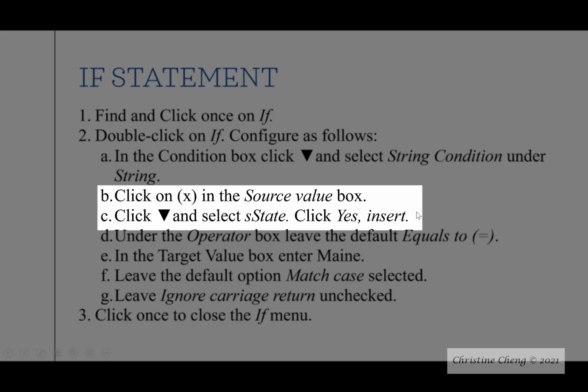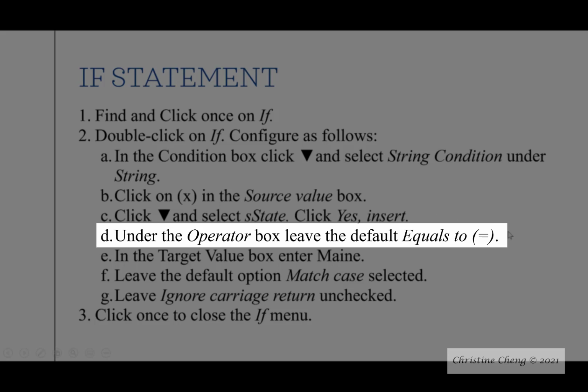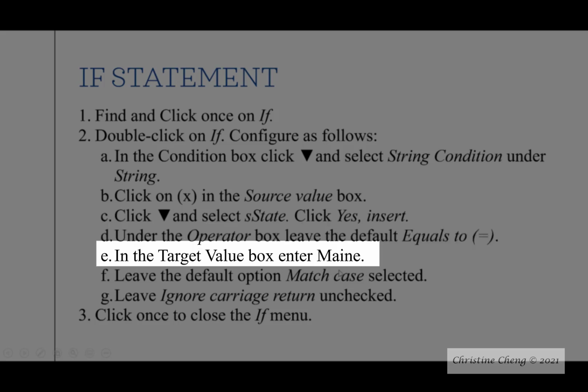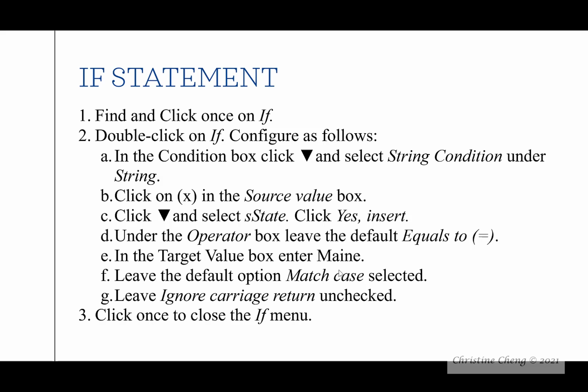We need to tell the bot where to find the variable that we will be conditioning on, and then we need to tell the bot what the condition is. So we'll have to tell the bot that we want it to be equal to, and then we are going to type in our state. Here, spelling is important, so make sure you double check your state spelling. The bot will not be able to find a state that matches your condition if you misspell the state.